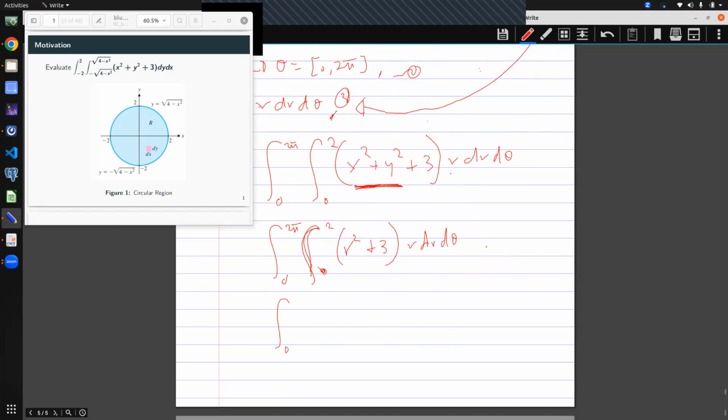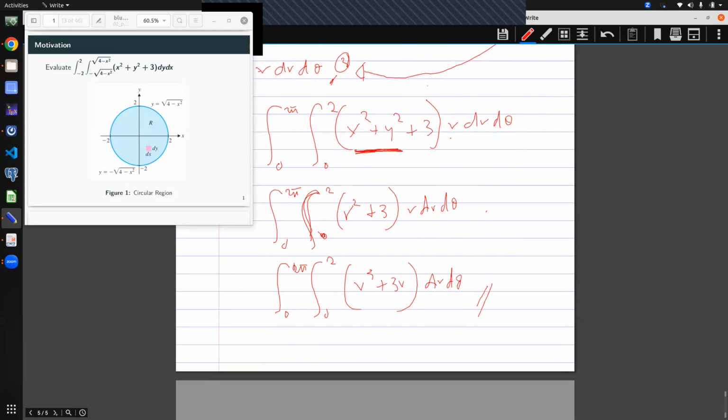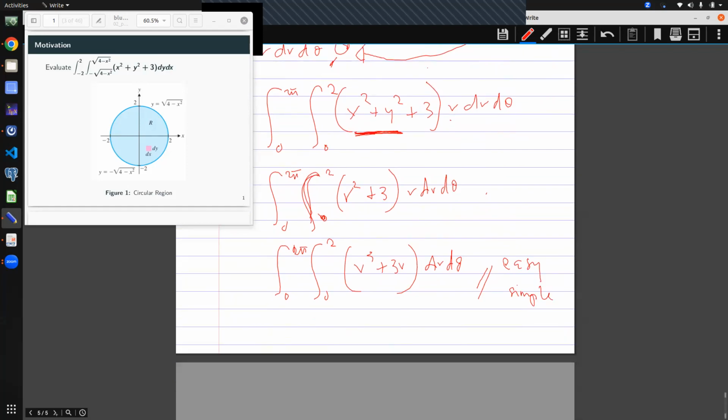And so I have 0 to 2 pi. By expanding, I have r cubed plus 3r dr d theta. As a final representation, you could tell that this is so easy, and then it is simple to evaluate this double integral other than the original problem.